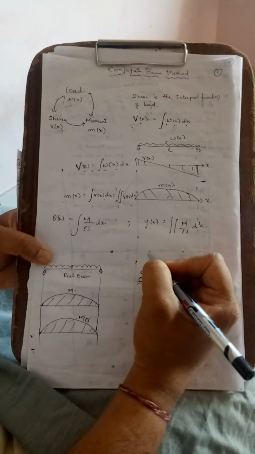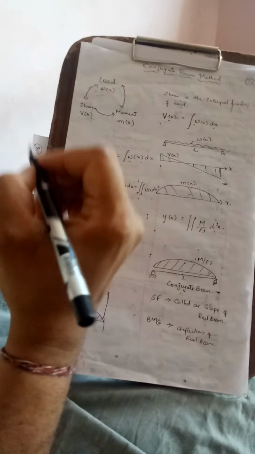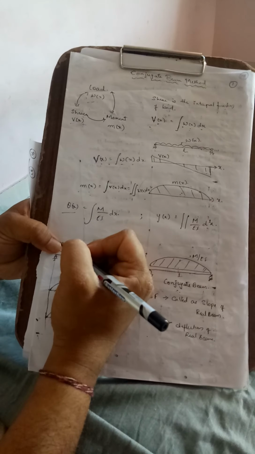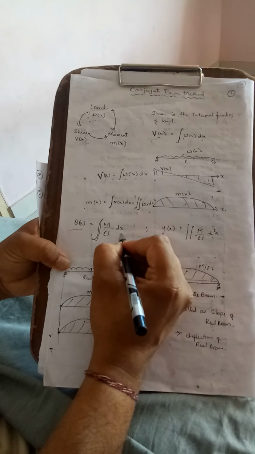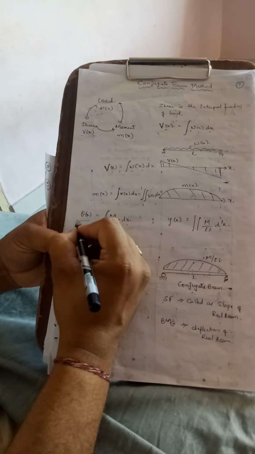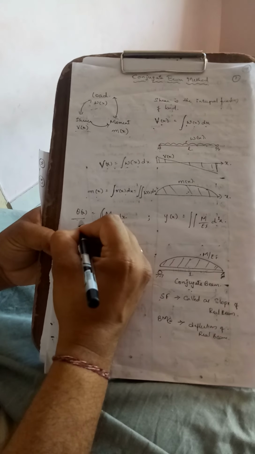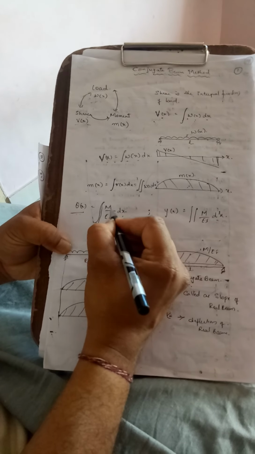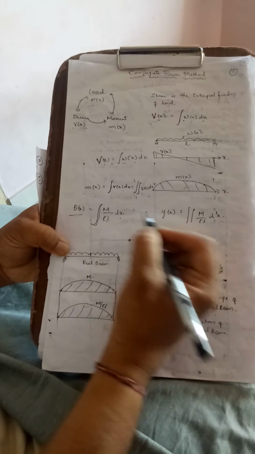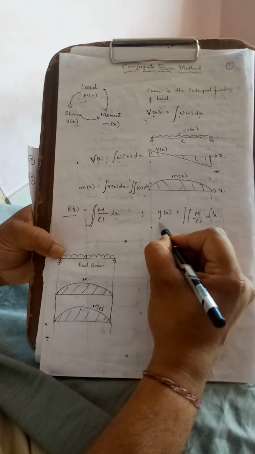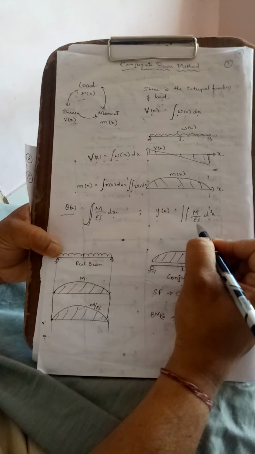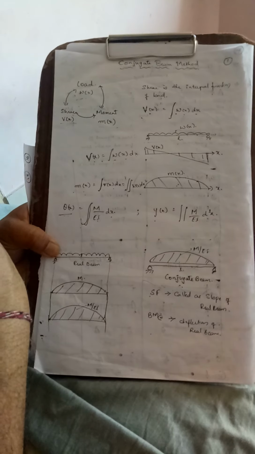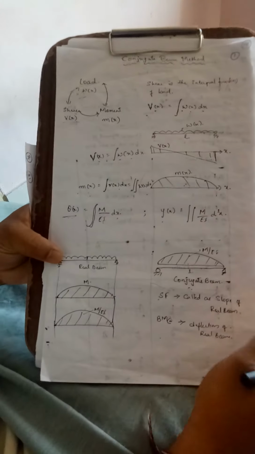What we understood here is that the slope is the integration of M by EI dx. The slope theta of x is the single integration of M by EI dx, and the deflection y of x is the double integration of M by EI dx squared. Why am I explaining this?